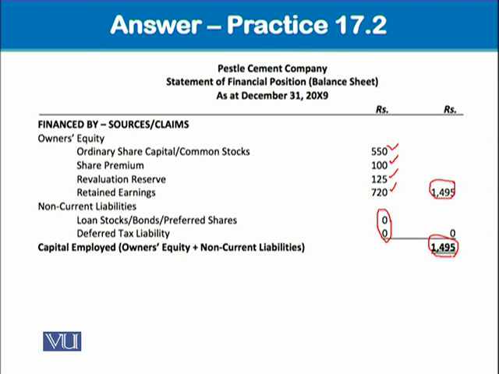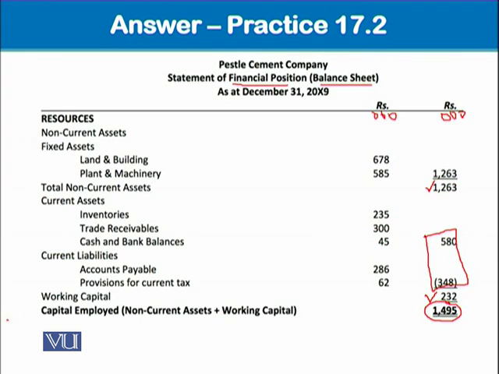Otherwise, it is in fact the capital employed figure, which is always owner's equity plus non-current liabilities. That is also equal to non-current assets and working capital, as we discussed over here.